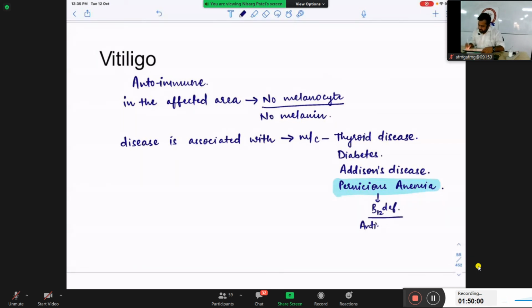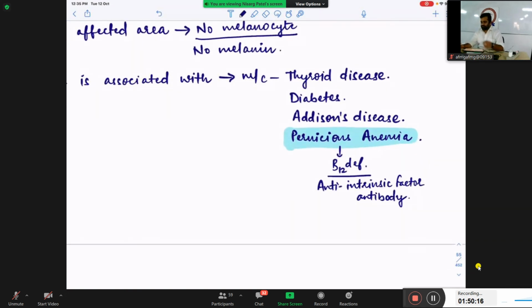Because of the anti-intrinsic factor antibody, it will cause autoimmune gastritis, which is type A. So remember like this: A for autoimmune.